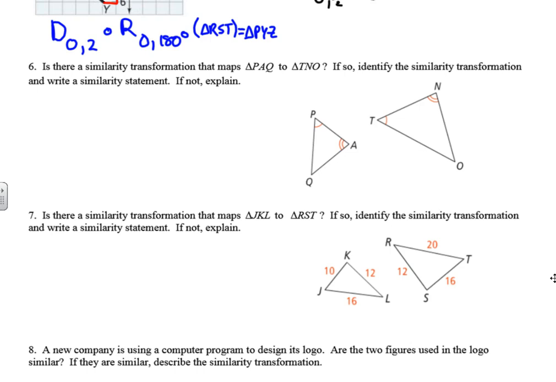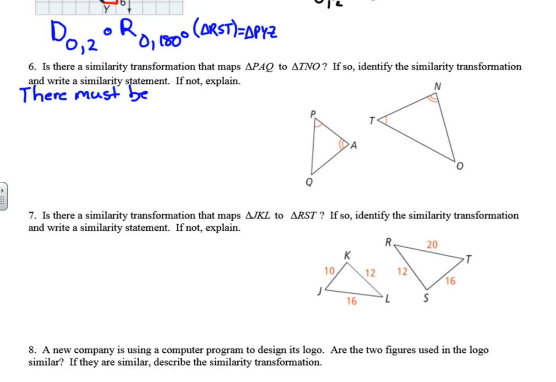If so, identify the similarity transformation and write a similarity transformation. If not, explain. Okay. Well, we know that it has to be, so there must be, let me walk you through the thought process.